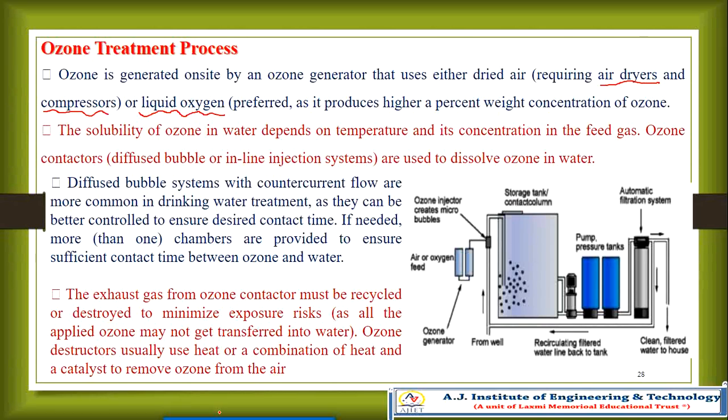Ozone destructors usually use heat, or a combination of heat and catalyst, to remove ozone from air.